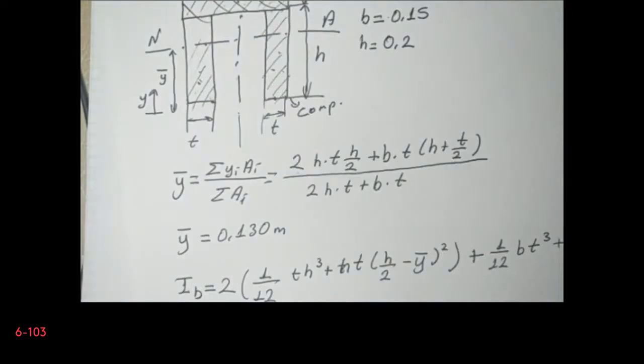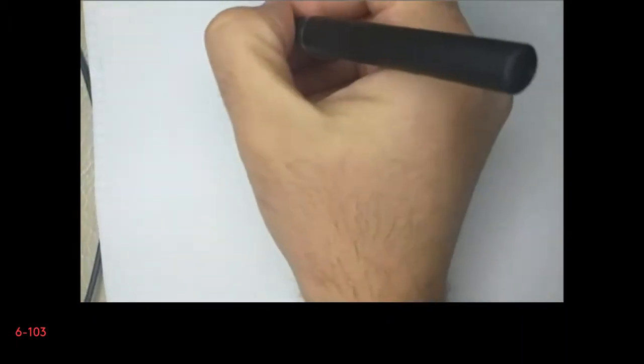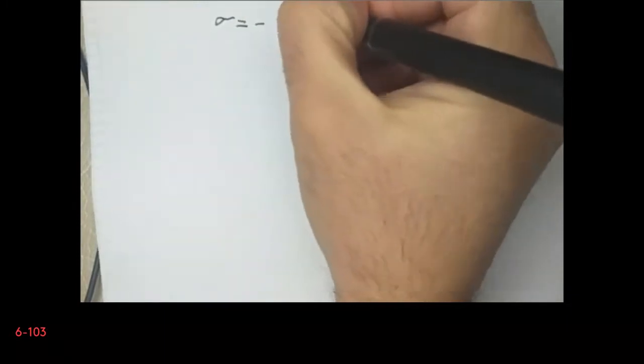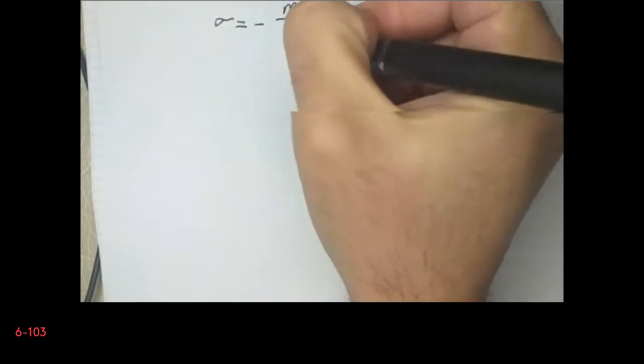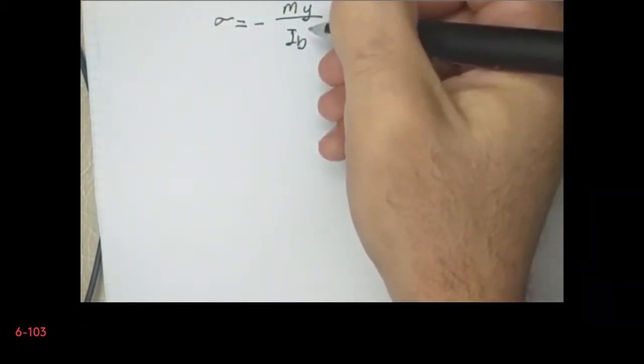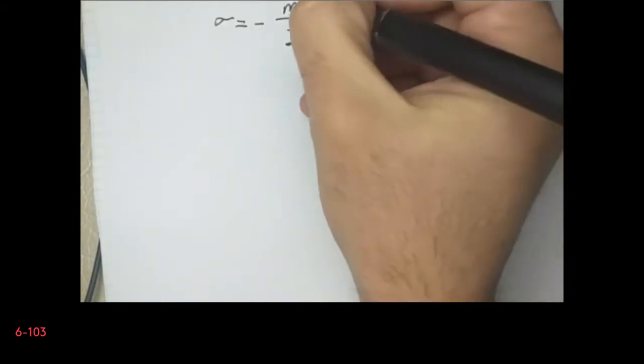Now we will calculate the maximum values for the tension and compression. So remember that the stress is equal to minus M Y divided by I bending. Here Y is the distance to the, or let's say Y prime, that's better in order to differ it from our coordinate system.